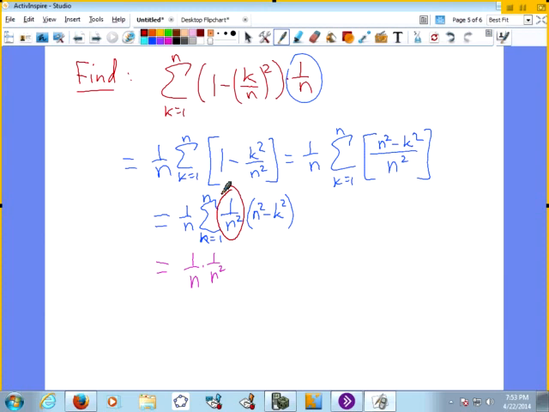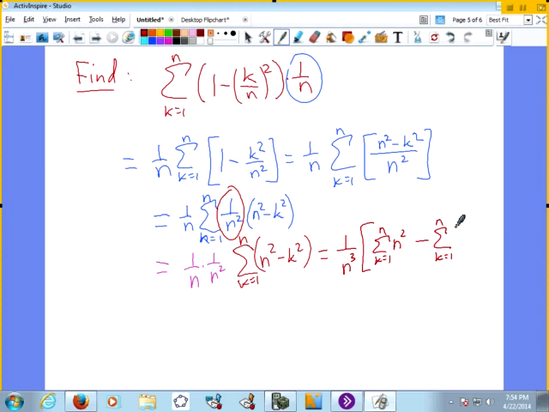It's just 1 over the square of the total number of terms. And what I'm left with is the sum, k going from 1 up to n, of n squared minus k squared. So this is 1 over n cubed on the outside, and then I have the sum from 1 to n of n squared minus the sum from 1 to n of k squared.